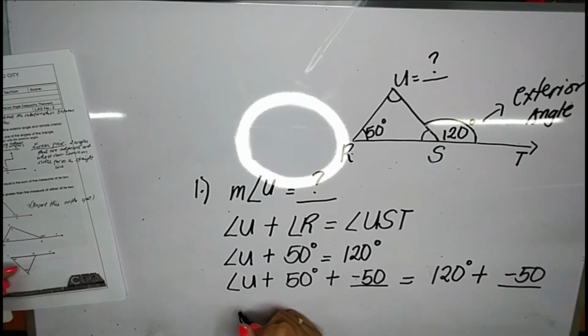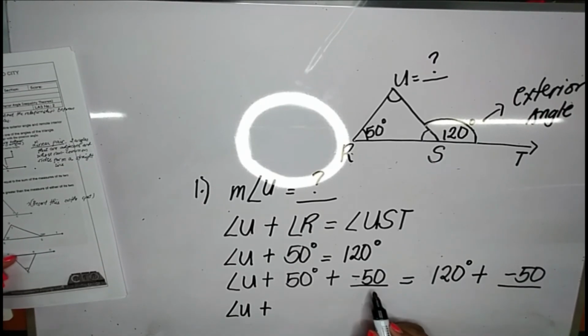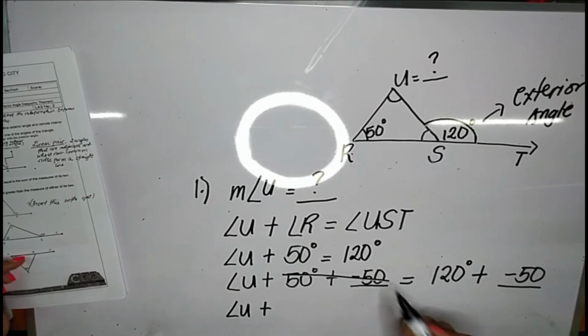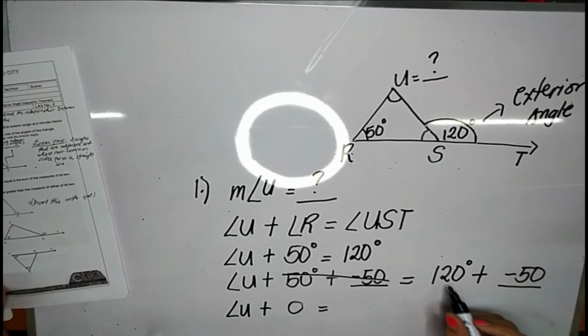So therefore, combining similar terms, 50 plus negative 50, that is 0. Okay? Adding numbers with different signs, we're going to subtract. So 50 minus 50 is 0. Then 120 plus negative 50.